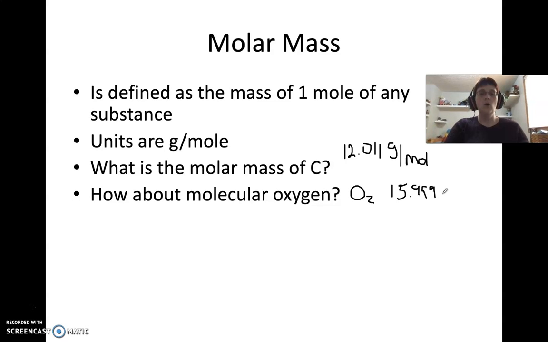Very often we just round oxygen to 16, and we're going to multiply it by 2. So that gets us a molar mass for oxygen of 32 grams per mole.